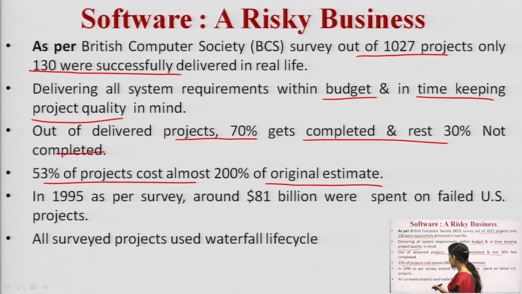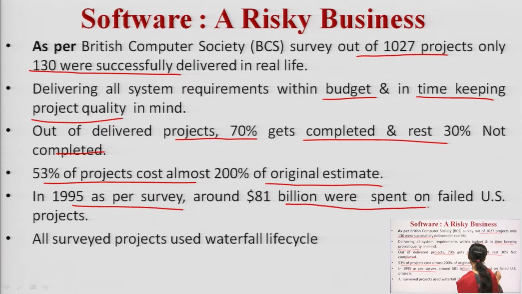In 1995, as per a survey, around $81 billion was spent on failed US projects. You can see how much disaster has happened, how much big money has just gone to waste.